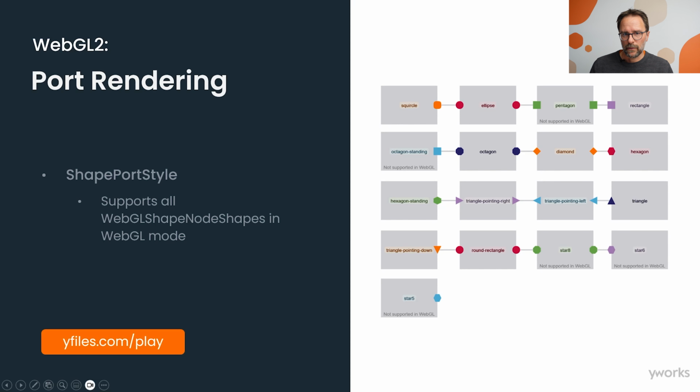Now it also works with WebGL, at least for the majority of shapes. There are some less common shapes that we don't yet support in WebGL. Let us know if you require them too, but most people probably don't need a rotated star with eight peaks and things like that. So the most common ones like squircle, rectangle, circle, and triangle are supported, of course.